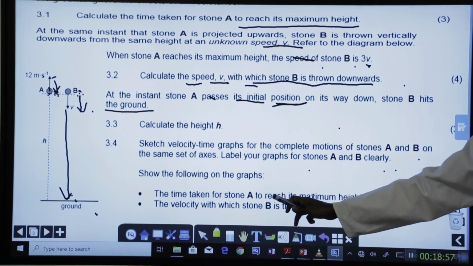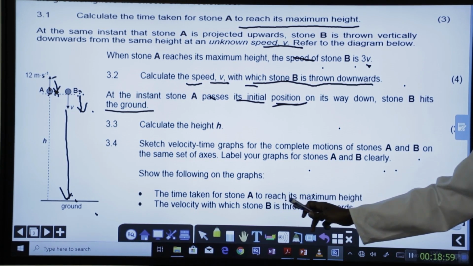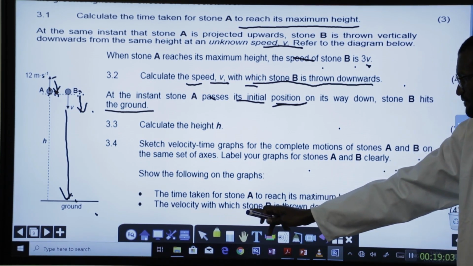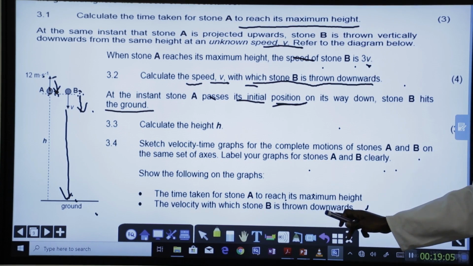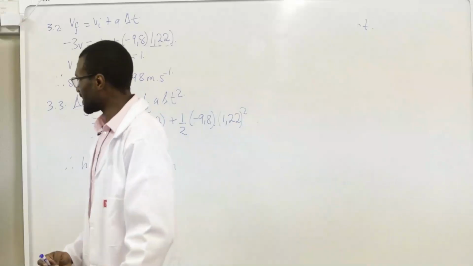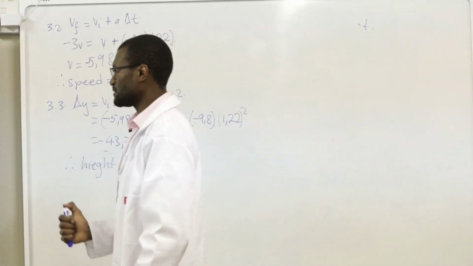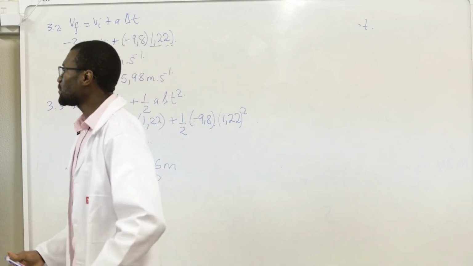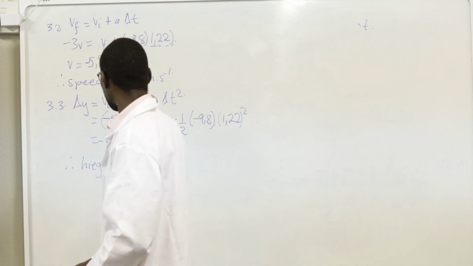Time taken for stone A to reach its maximum height, and also the velocity with which stone B is thrown towards the ground. So graphs are very important in representing information. How would we come up with this graph?